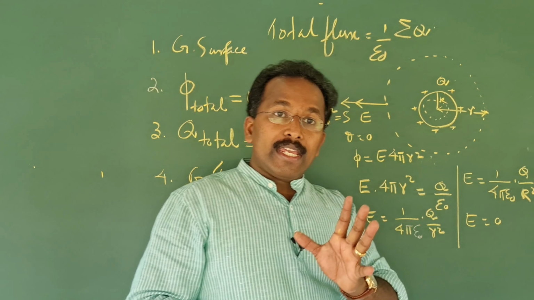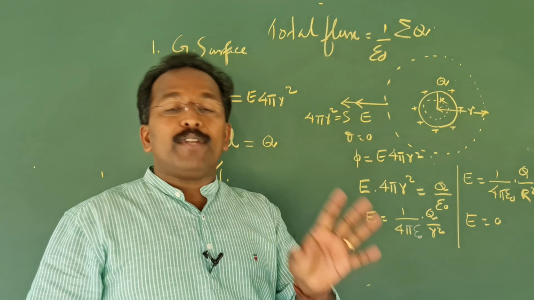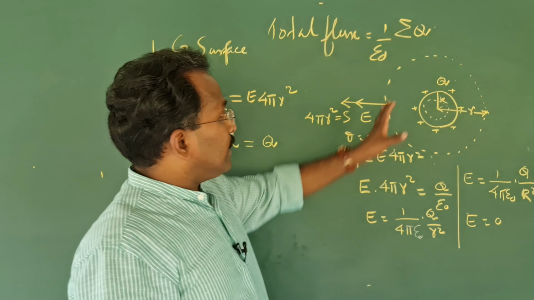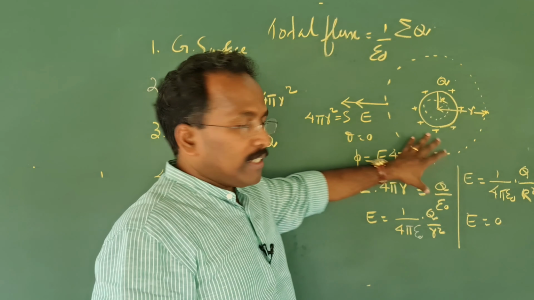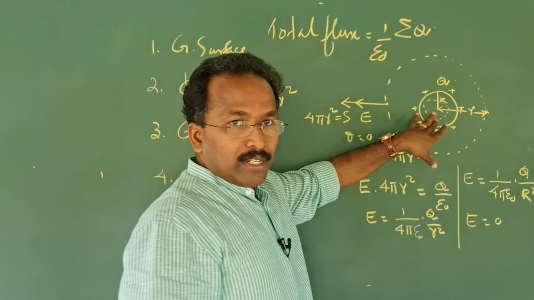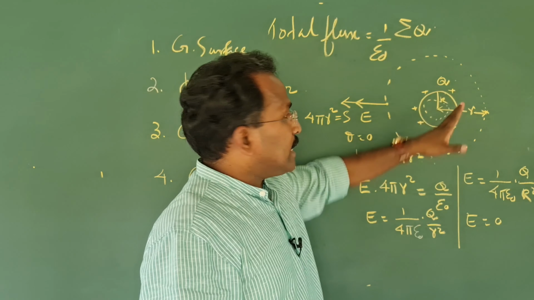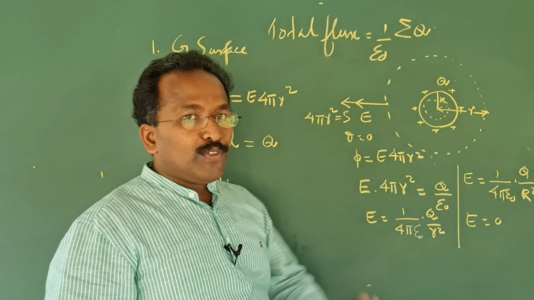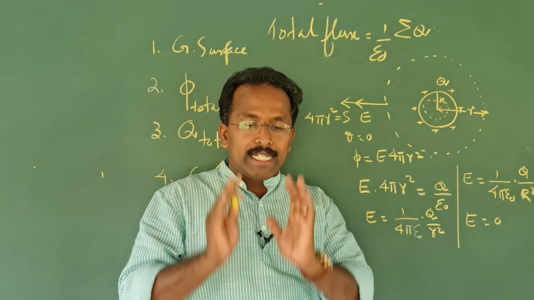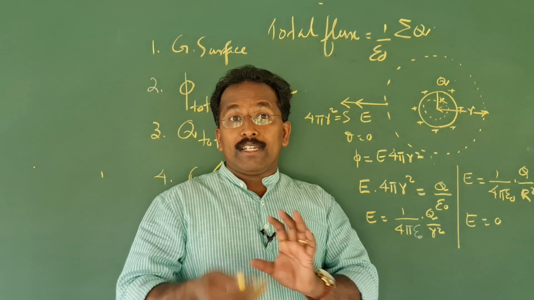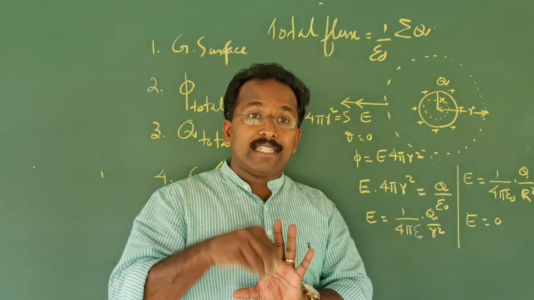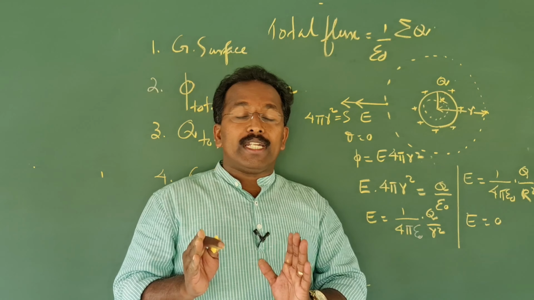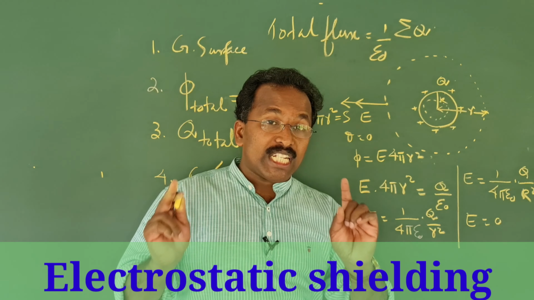You know, this idea is used for different purposes. Like outside you have electric field and this is a conducting material. Inside there is no electric field. So if you keep a conducting enclosure inside an electric field, there will be no electric field inside that enclosure. This is called electrostatic shielding.